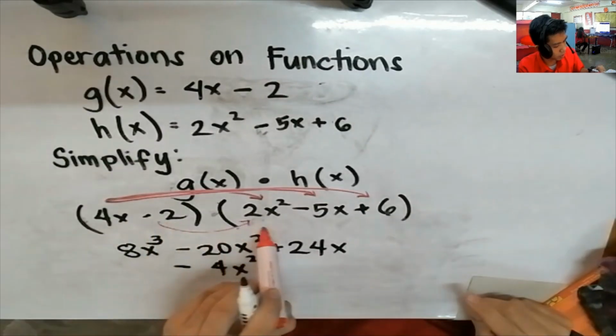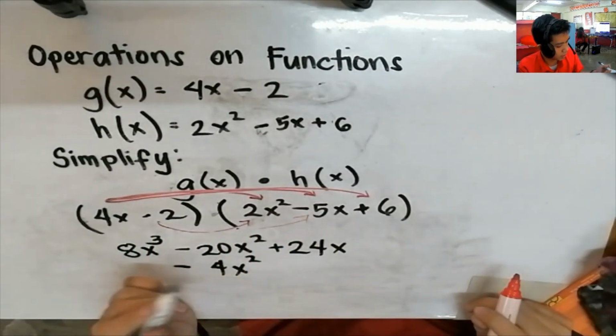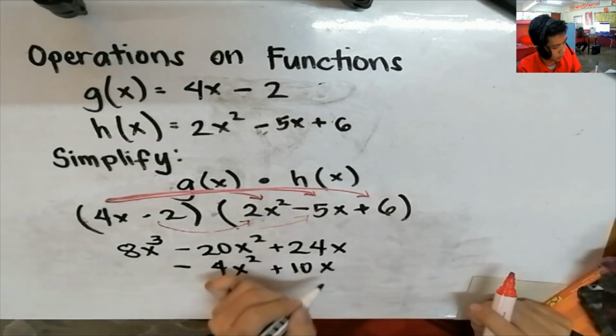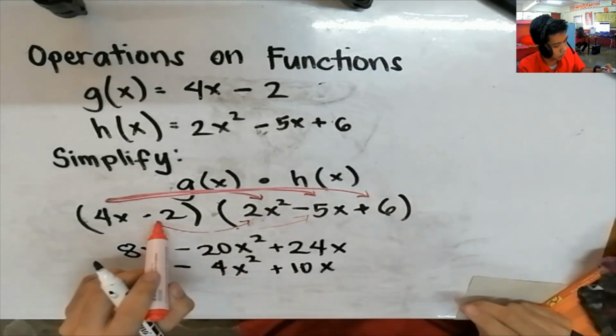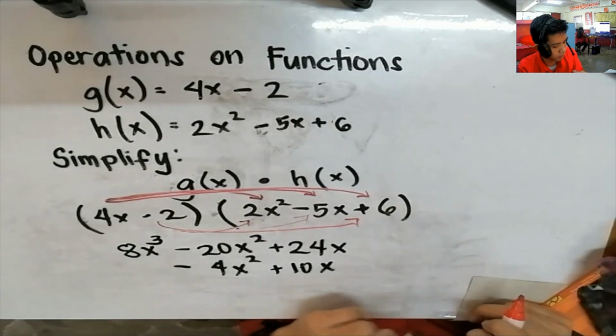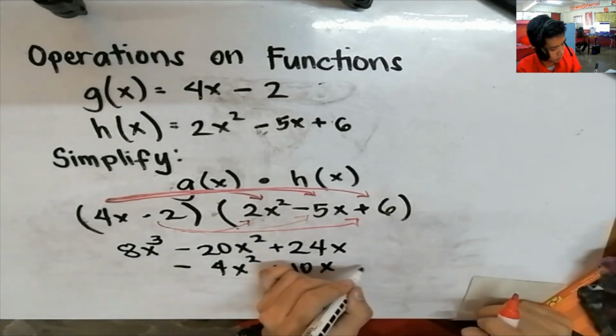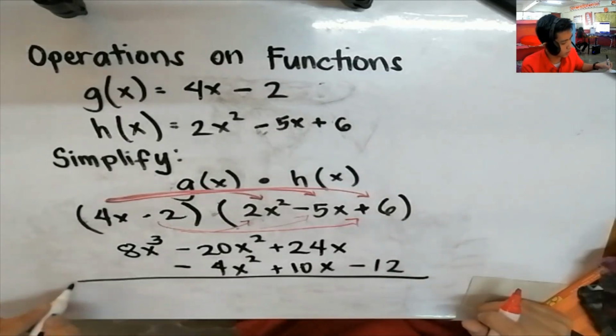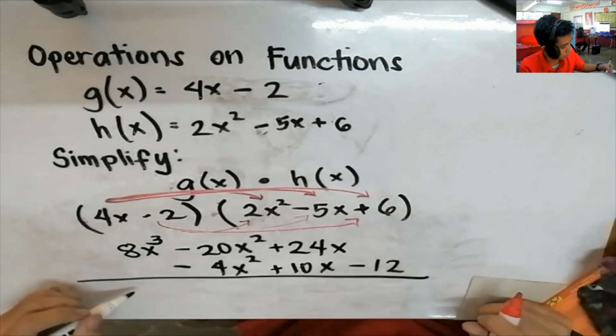Negative 2 to negative 5x, we have positive 10x, and negative 2 to positive 6 is negative 12. Now, combine similar terms. We can just bring down 8x cubed.